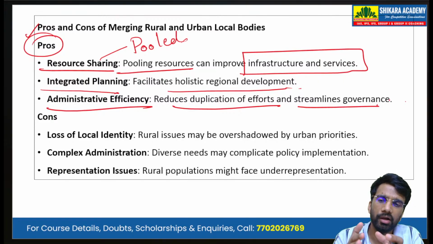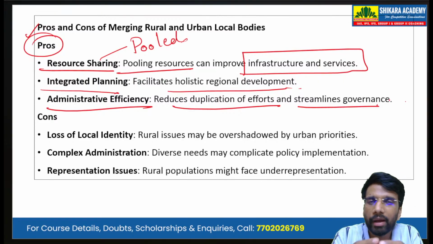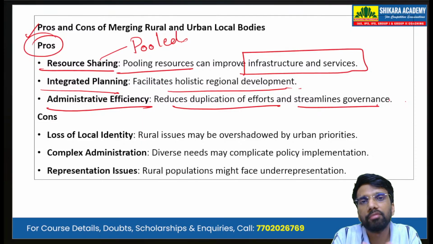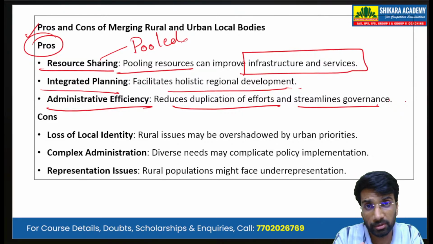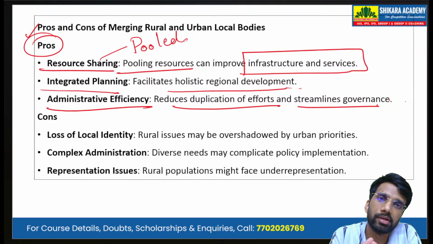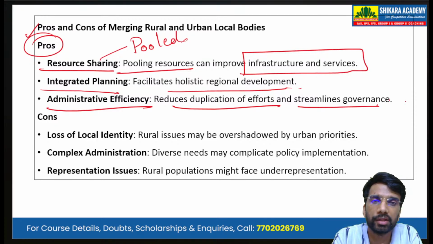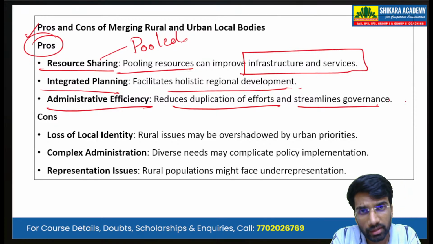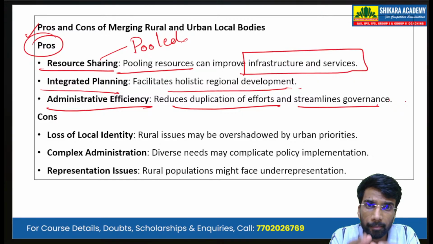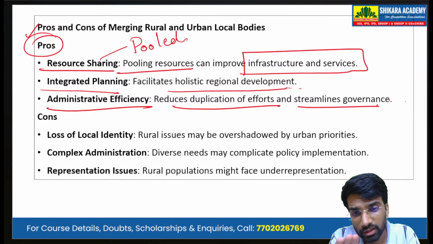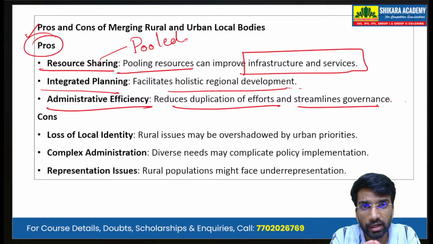There will be more manpower required, more administrative staff required. There will be duplication of efforts. If the district administration has to ensure that a scheme is implemented in the entire district, then for implementation in the urban area of the district, it has to approach one local body.